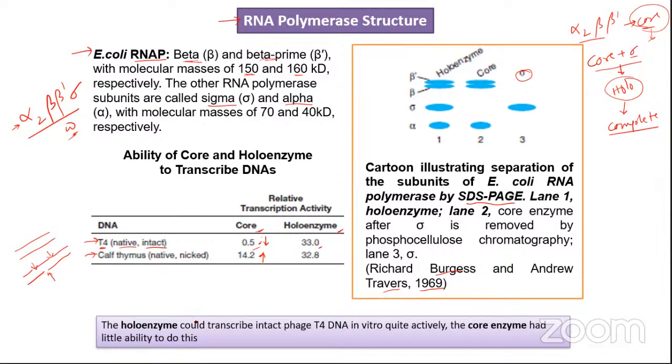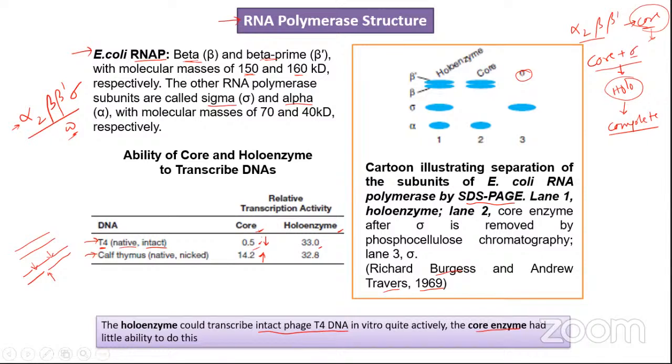Putting it the other way around, we can say that the holoenzyme is able to transcribe intact DNA better compared to core enzyme. Do you agree with me? Yes, sir. Okay. Now we move ahead from this point.